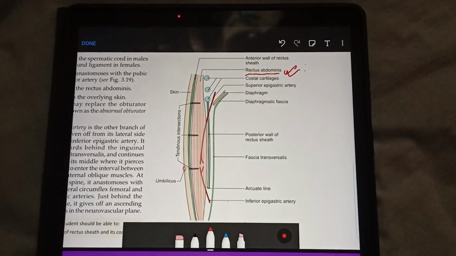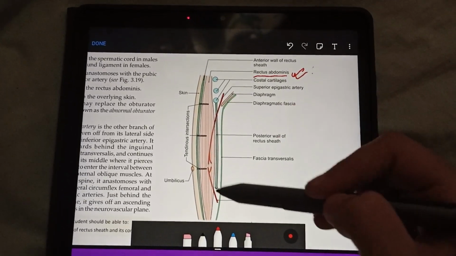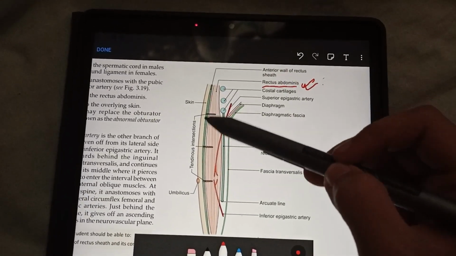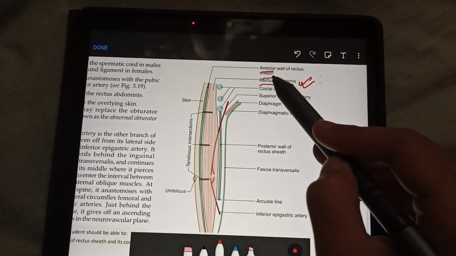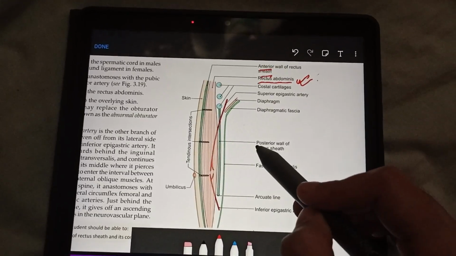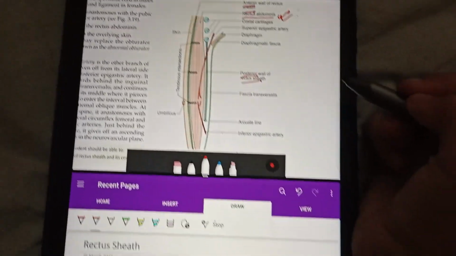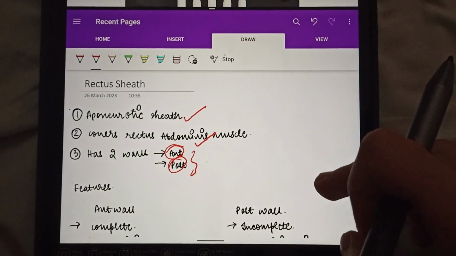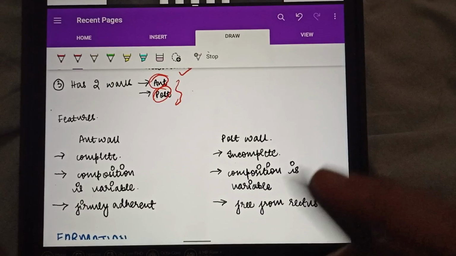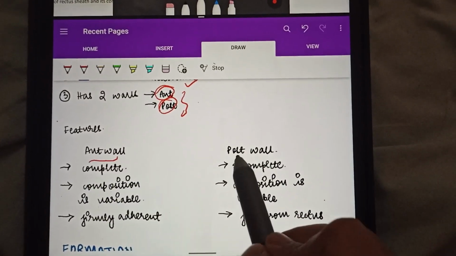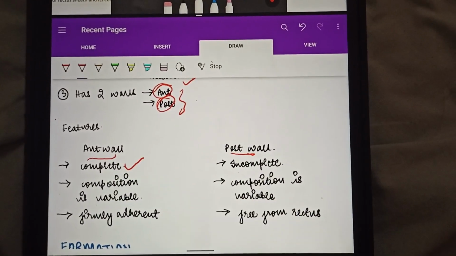Now let's see the features of the anterior and the posterior wall. This one which you see here is the anterior wall, and this one is the posterior wall. So if we check the features, for the anterior wall, the first thing is that it is complete.